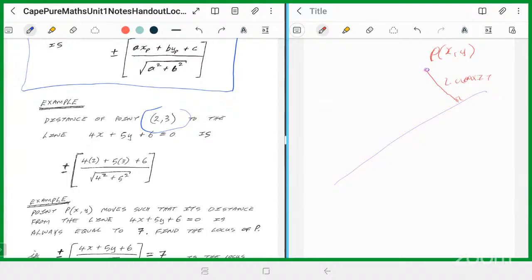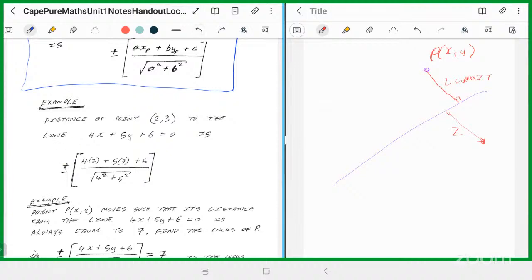It means that it could be 2 units over this side as well. That's why you have to put in the plus or minus when it's at a point that you don't know. But for the purpose of finding a point here that you don't know, you have to consider that it can be plus or minus.